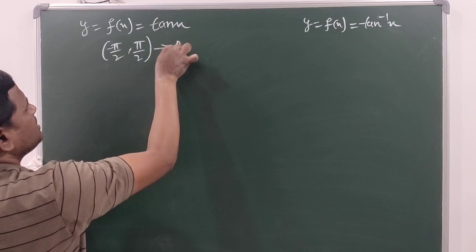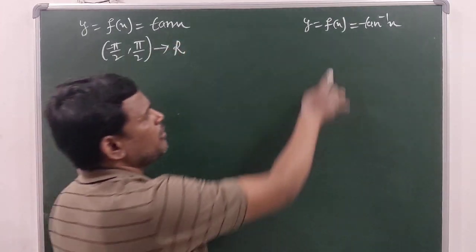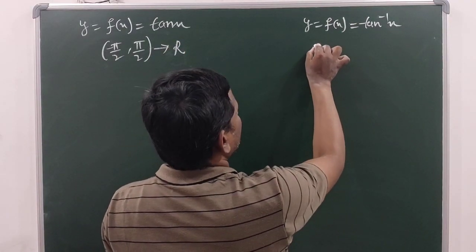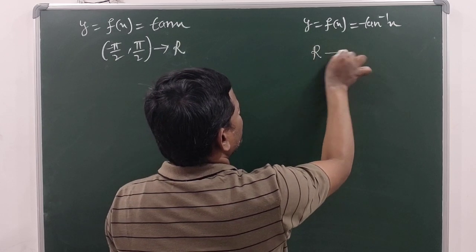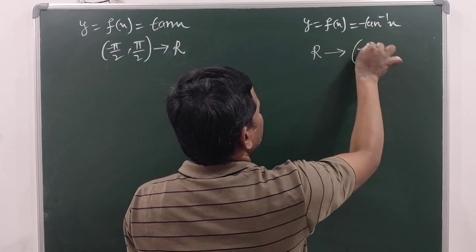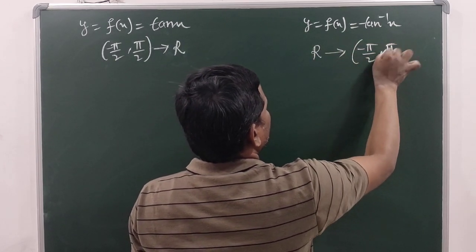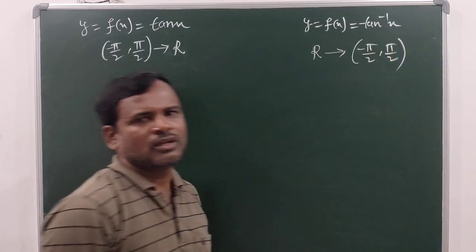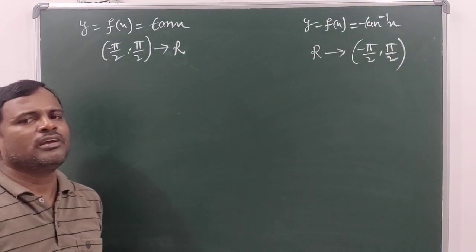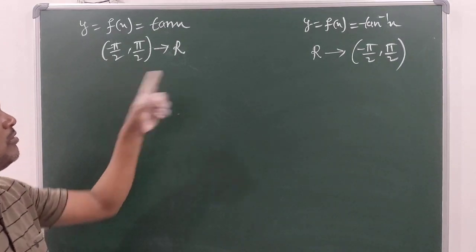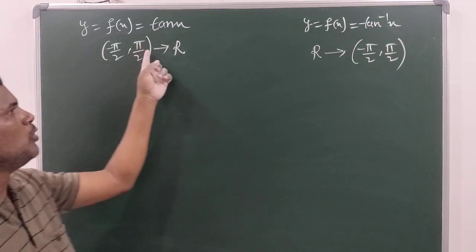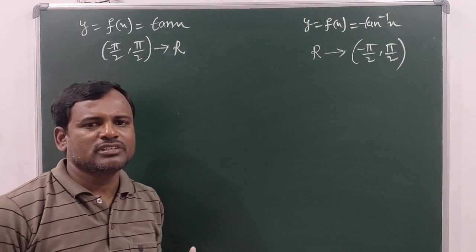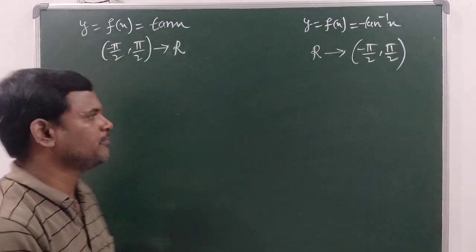And whereas range is set of real numbers. When you go to its inverse function, domain is set of real numbers, whereas range is minus 90 to 90. Now let us draw both functions' graphs on the same graph paper.